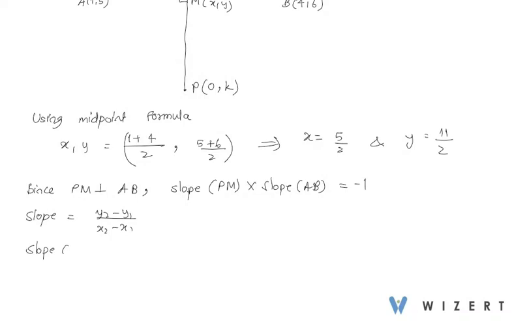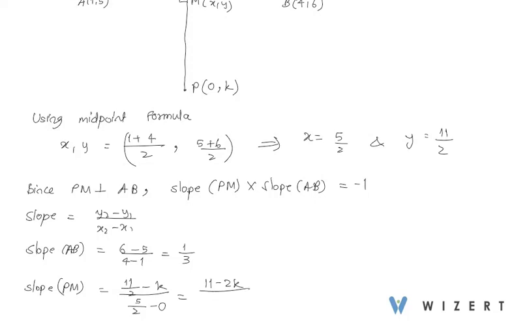Slope of AB is equal to (6 minus 5) upon (4 minus 1), which is equal to 1 by 3, and slope of PM is equal to y, that is y we found out as 11 by 2 minus k, divided by 5 by 2 minus 0, which is equal to (11 minus 2k) divided by 5.